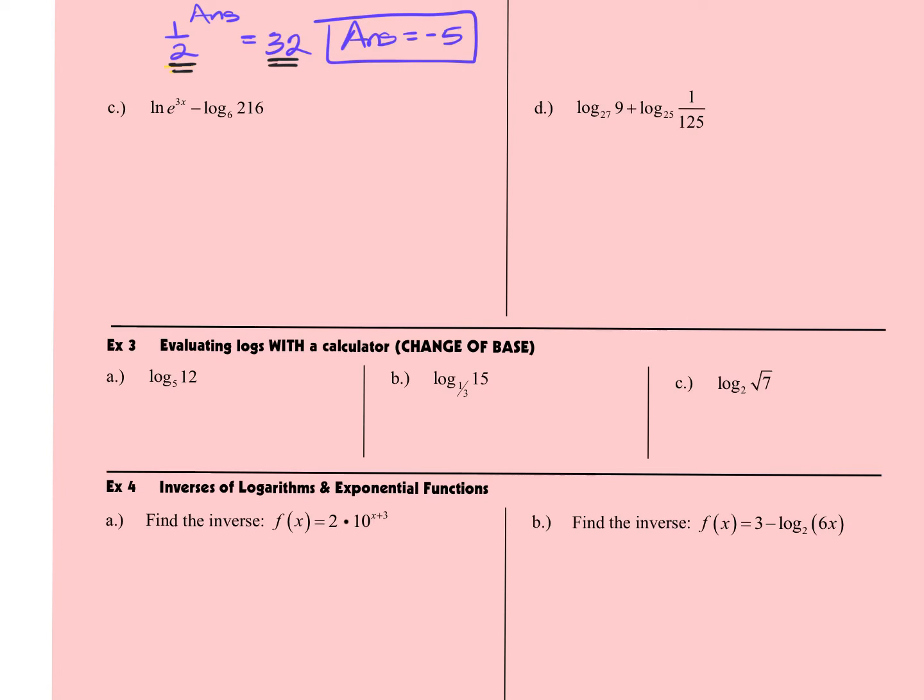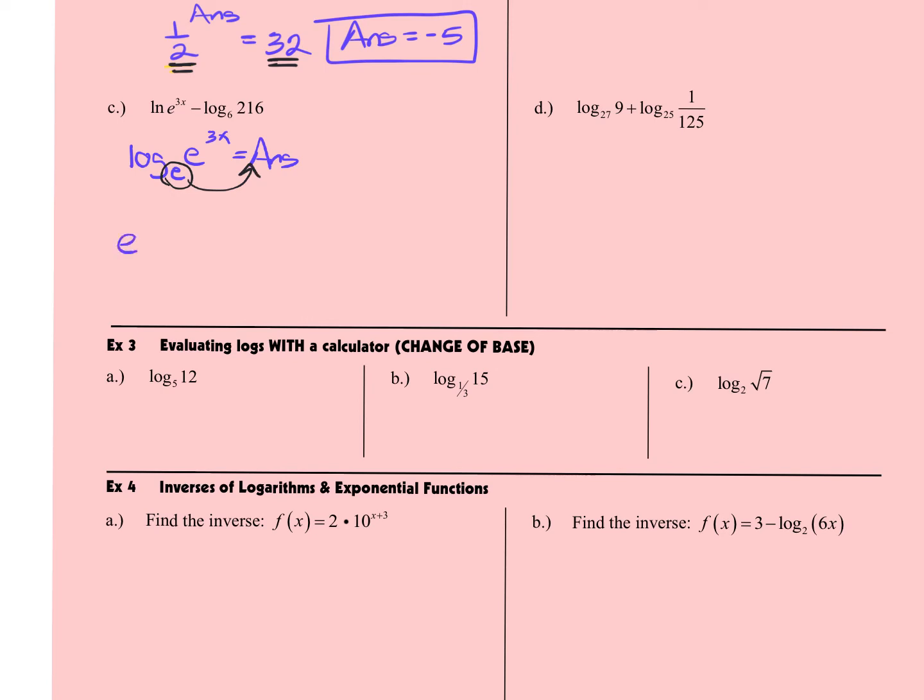So we can take a look at another version. I can take a look at this natural log of e to the 3x. So now I'm going to rewrite this so that ln, I want to rewrite this as log base e, and then I still have e to the 3x. I'm going to set that equal to answer, and then I'm going to switch again. The base of the log will then raise to the power of the answer.